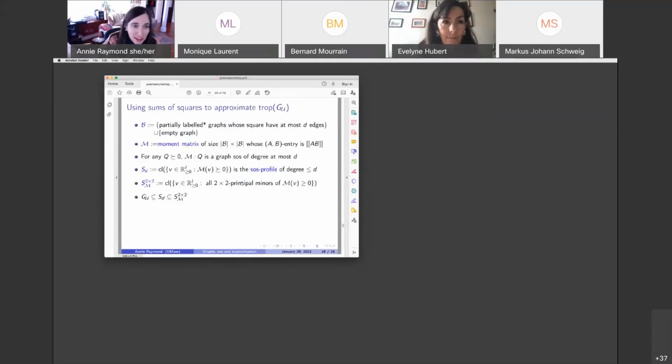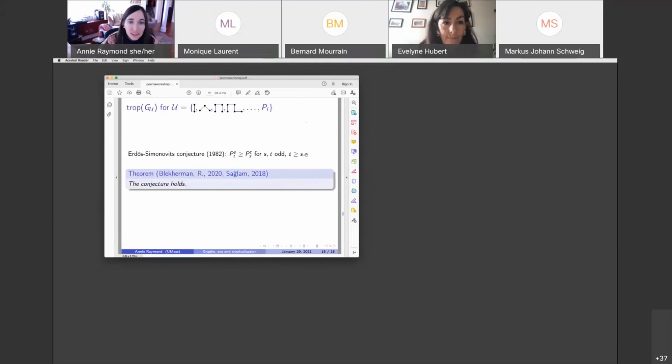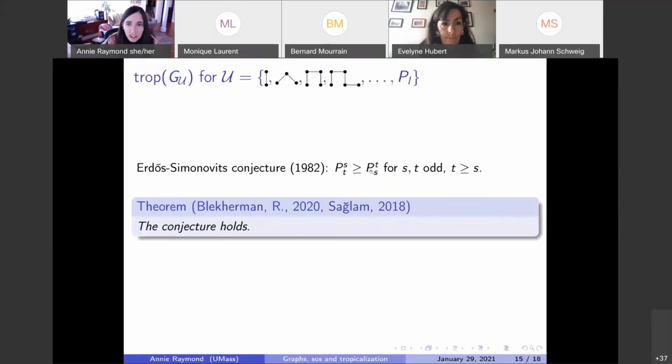Yeah, one slide that I went quickly over is this one. There was this long-standing conjecture by Erdős and Simonovits, which said that the number of homomorphisms from a path of length t, so with t edges, to the power s is greater or equal to the number of homomorphisms from a path of length s, so with s edges, to the power t, whenever s and t are odd and t is greater or equal to s.